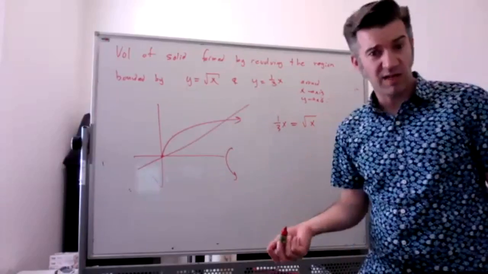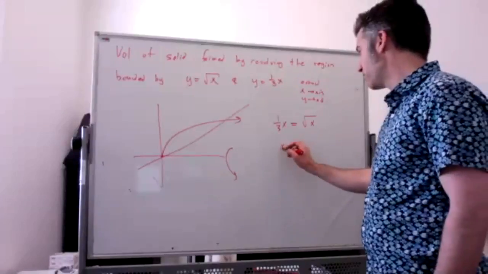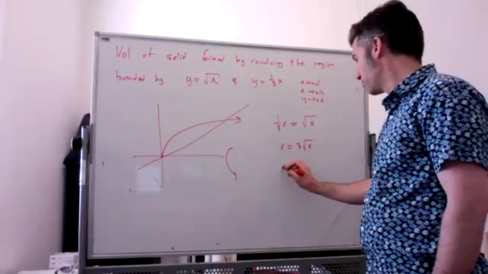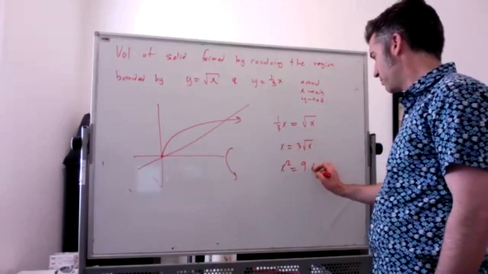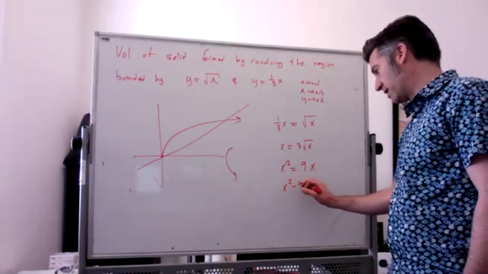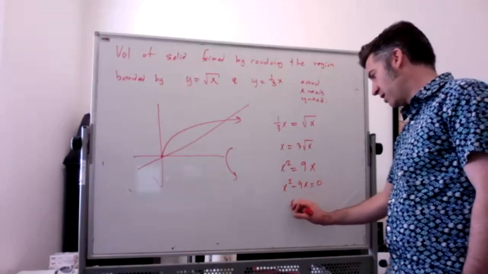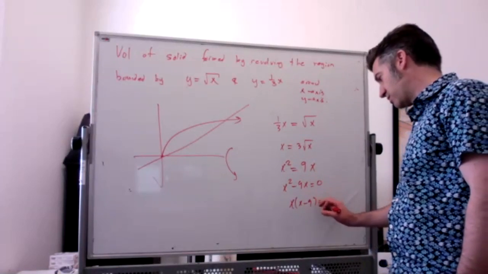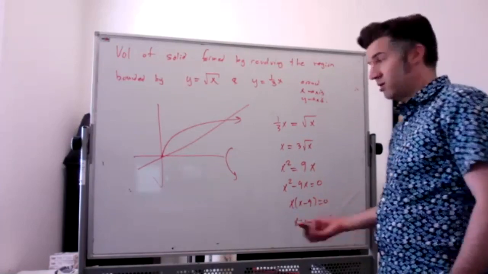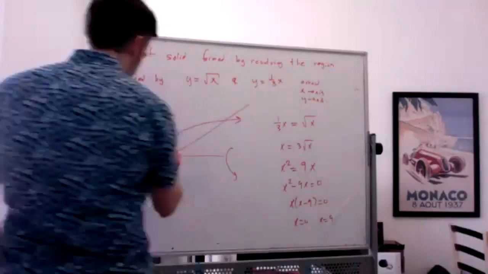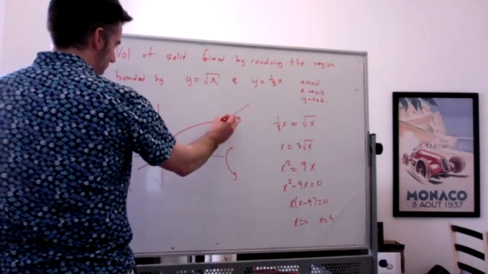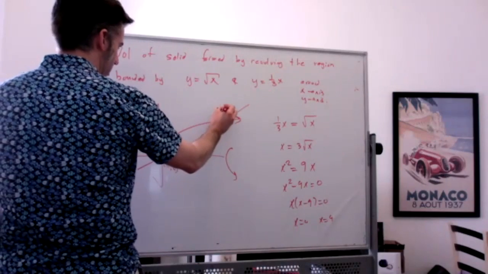If I was going to solve this, I'd probably multiply both sides by 3 and then square both sides. So x squared equals 9x, x squared minus 9x equals 0, x times x minus 9 equals 0, x equals 0, x equals 9. So those are the points of intersection where x is 0 and y is 0, or where x is 9 and y is 3.